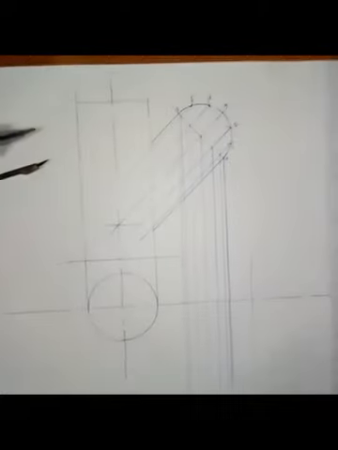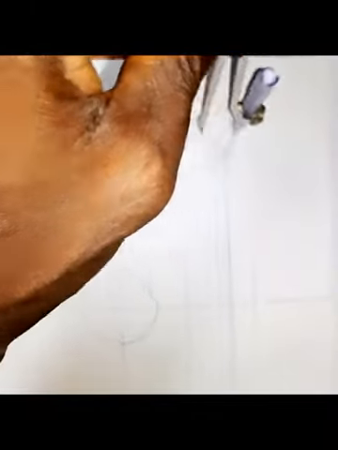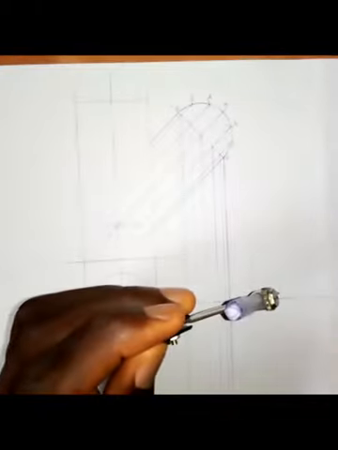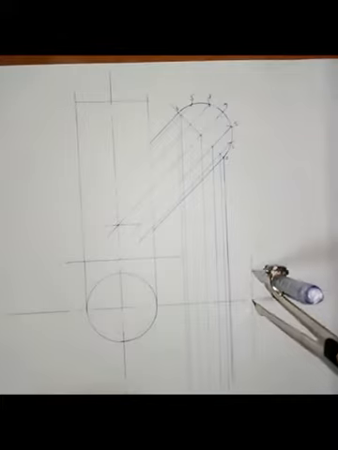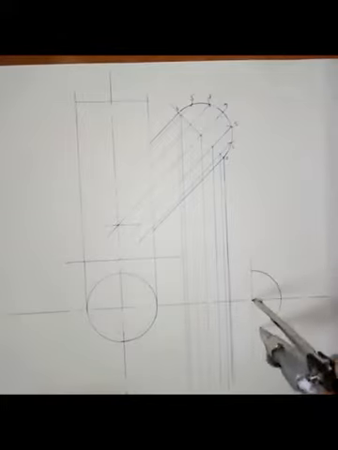Okay, so the next thing is with this, this is 18 mm, which I used to construct the semicircle for the penetrating cylinder. So I will still make use of it here. So I put it at this point, and draw a semicircle again. So the semicircle goes like this.